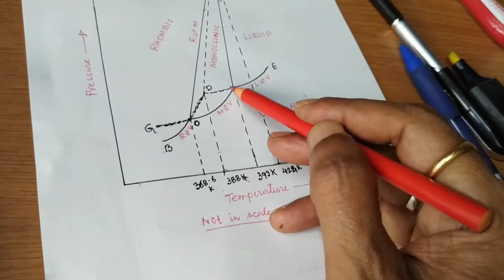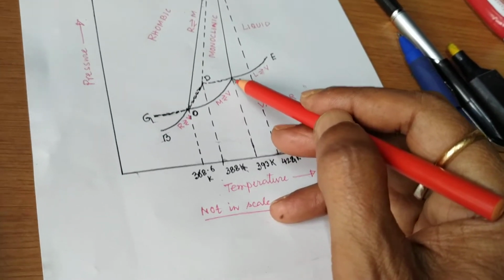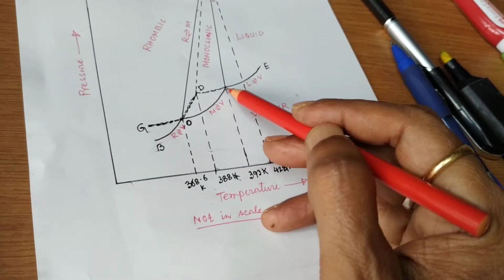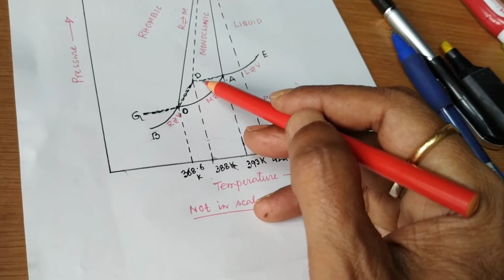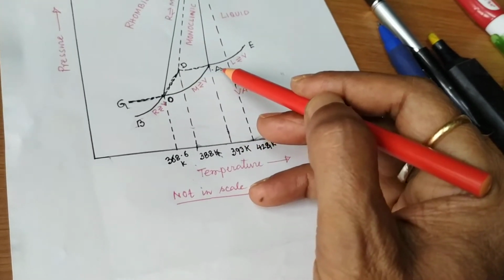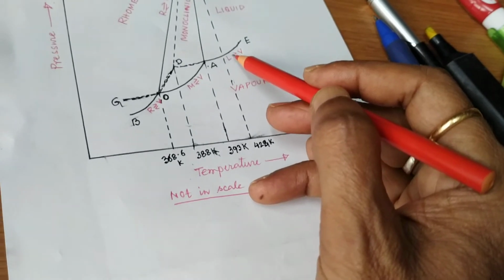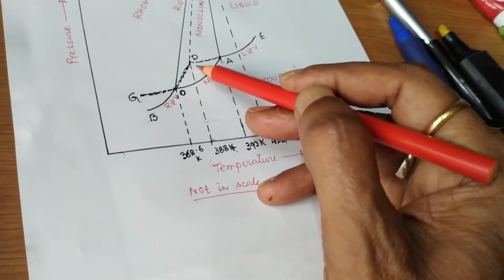Here, monoclinic sulfur might not appear at this point. This continues to D along AD, which represents the metastable equilibrium between sulfur liquid and sulfur vapor.